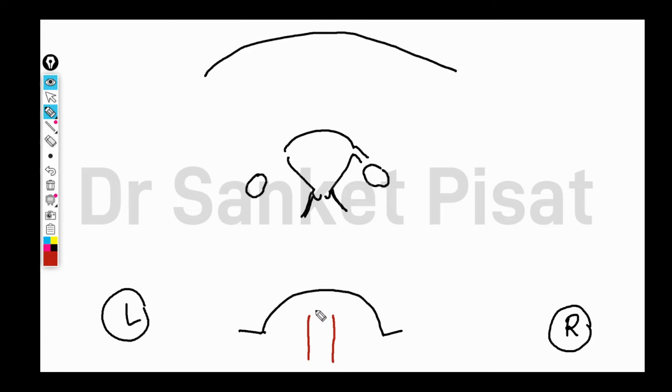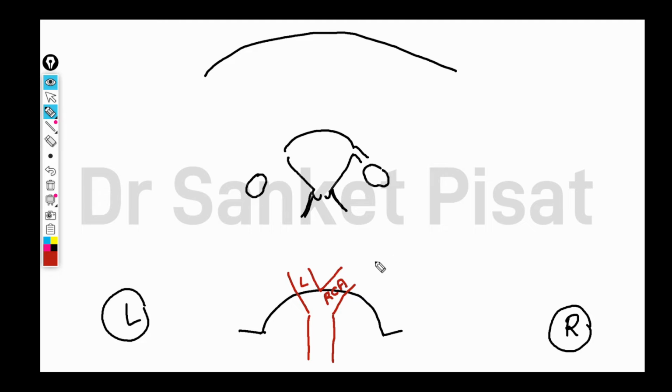This aorta lies in the center, and we all know that it is going to bifurcate at the level of the promontory into its right and left branches, and these are going to be known as the right common iliac and the left common iliac. Okay, the right common iliac and the left common iliac. This is the right one and this is the left one.